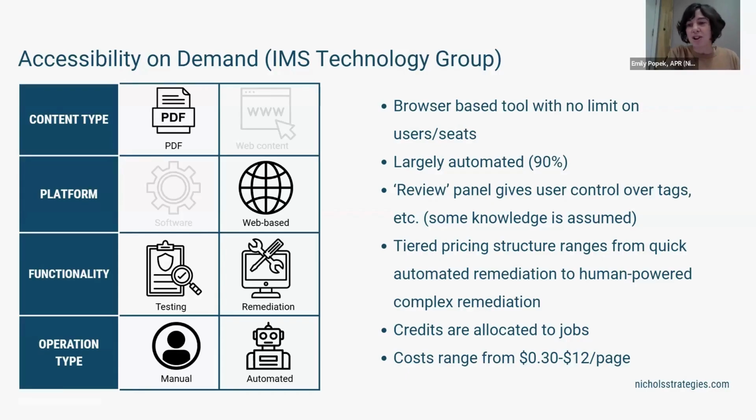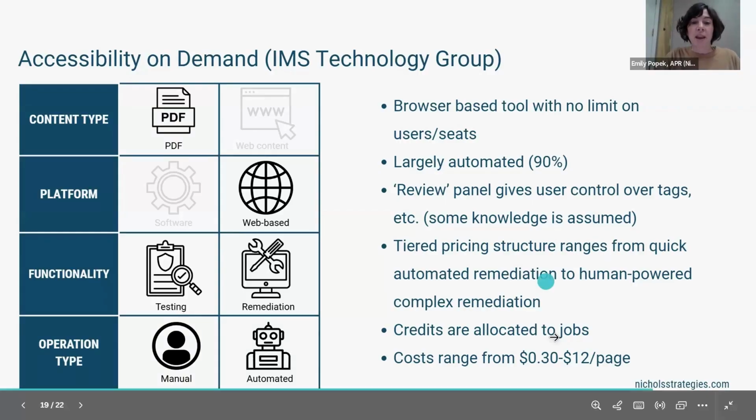So a really simple job would cost you 1 credit. And that complex document that you want a human to do a manual review of might be like $12 a page as opposed to 30 cents a page for the simple one. So I thought that was an interesting pricing structure. I thought it was interesting that they do offer human testing as part of their tiered structure because we know that sometimes that's really important with more complex documents.